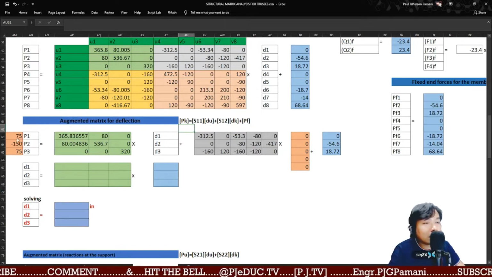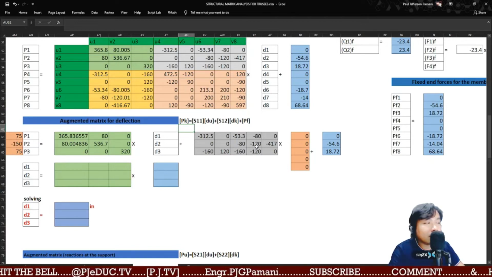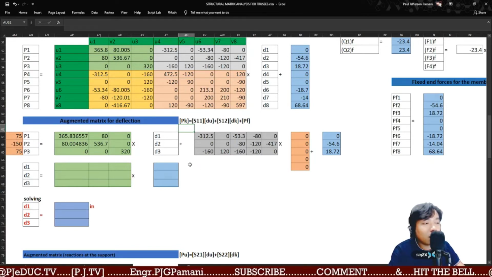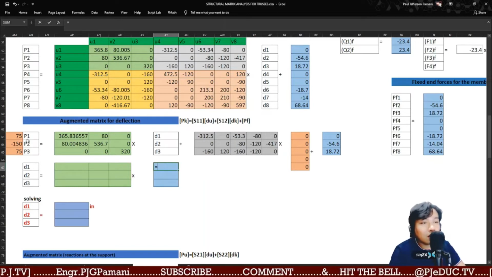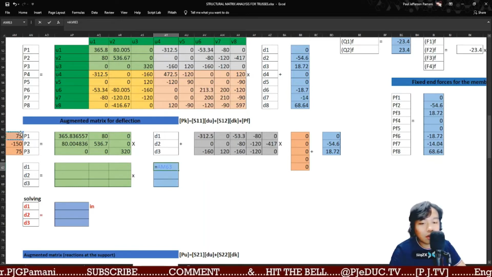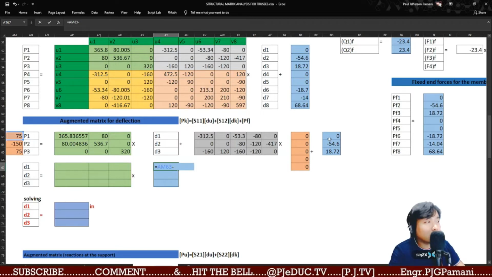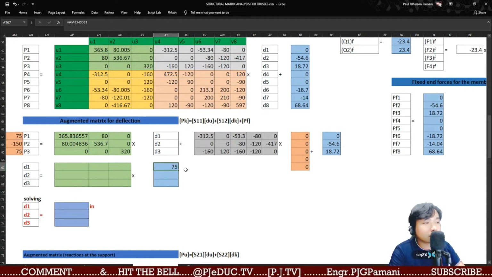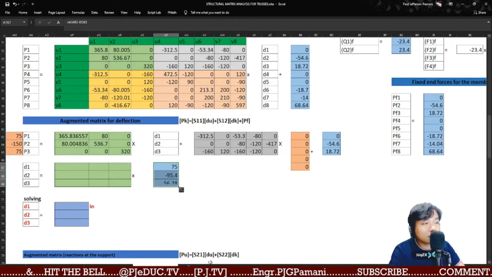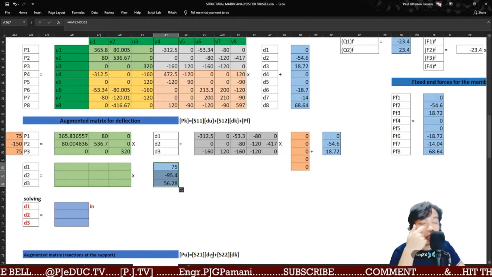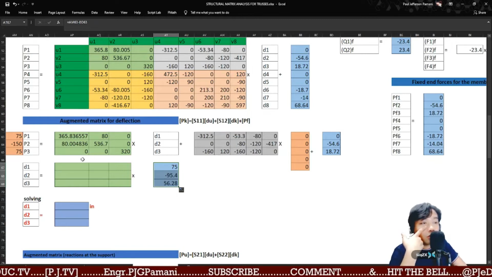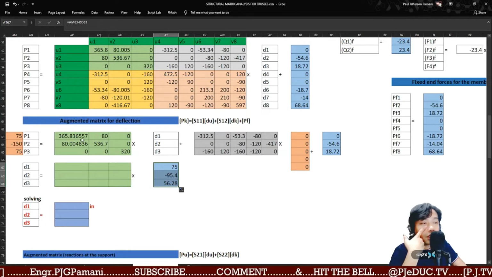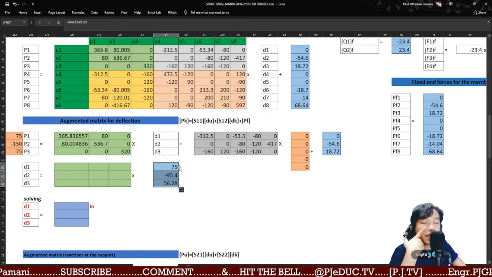So, with that, subtract lang natin si 75, negative 150, and 75 with PF1 to 3, which is equal to this one minus this one. Okay? Then, multiply it with the inverse of S11 matrix.